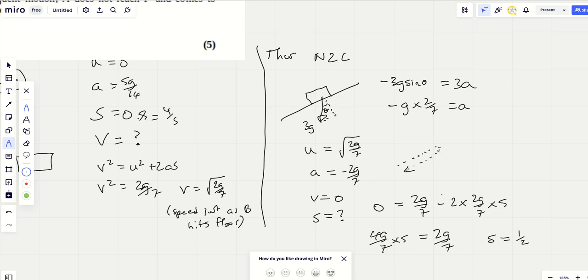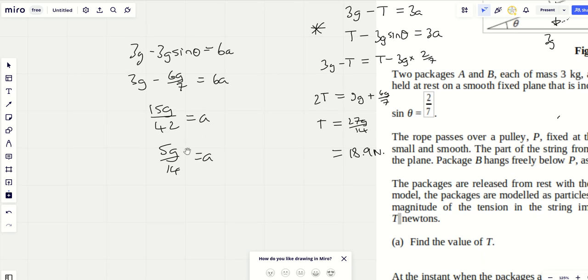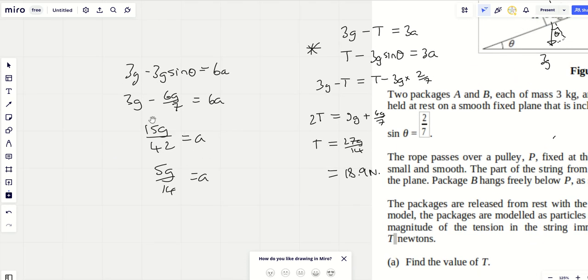Let me just check this then. a is 3.5. Is 5g over 7 3.5? Let's look. 5 times 9.8 divided by 7. I think I've made a mistake here. I think it's up here when I've worked this out very casually. So if you're screaming at the screen, no doubt you were probably right. Let me just quickly check my working here.